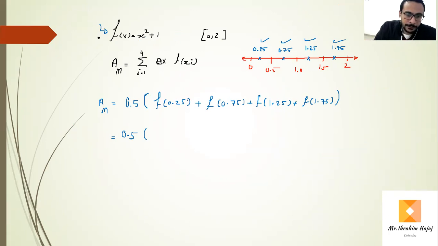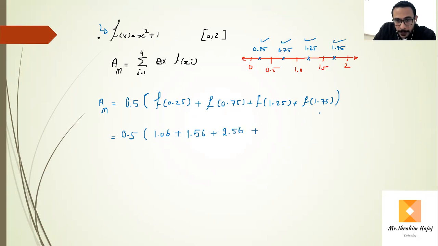I need a calculator. 0.25 squared plus 1 is 1.0625, so about 1.06. Then f of 0.75, 0.75 squared plus 1, is 1.56. Then f of 1.25 is 2.56.